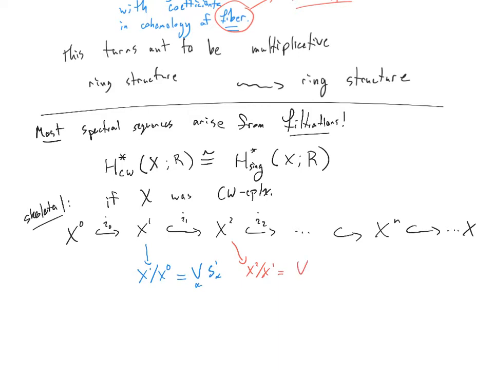You got a big wedge of S2s, and the same at each stage. And we noticed that these spaces have easy cohomologies that we understand. And then we figured out that we could relate these to each other by attaching maps.